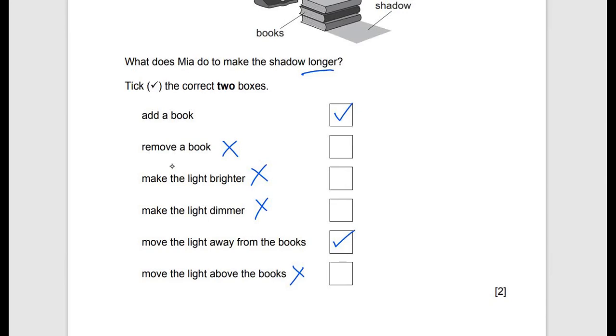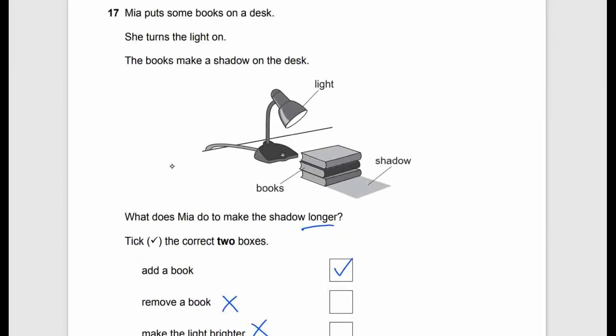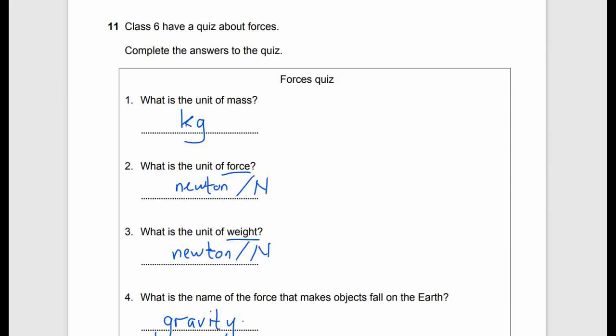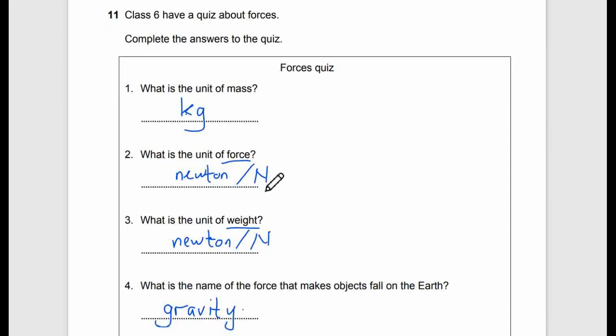Okay, it's done. It's the last question, number 17. I'll scroll up from number 11, so we can take the screenshot of the mark scheme. So this is number 11, mark scheme.